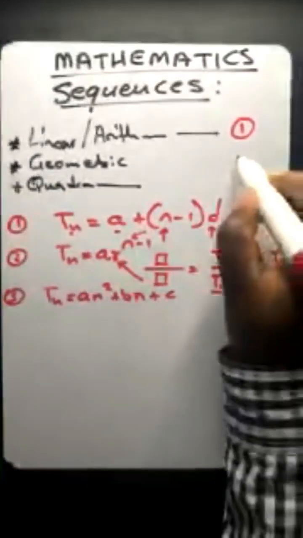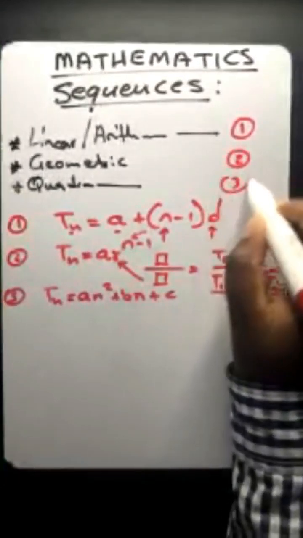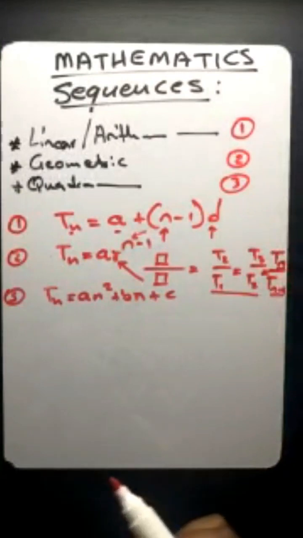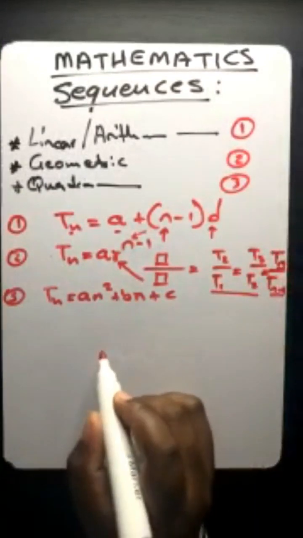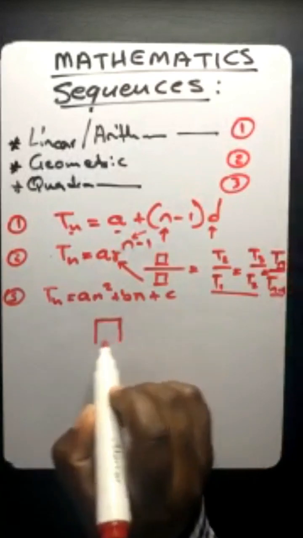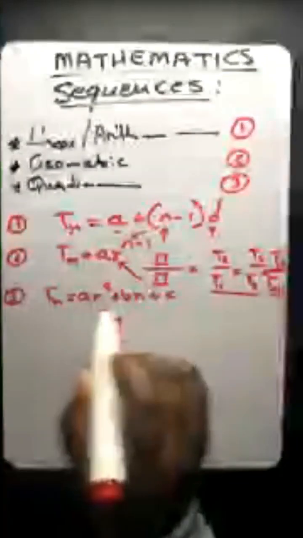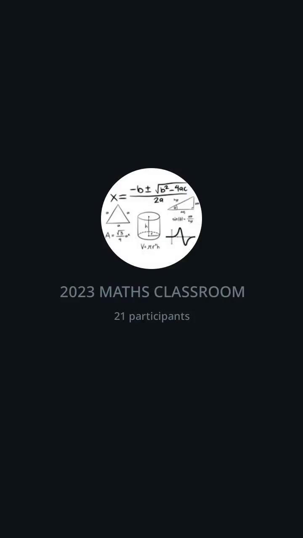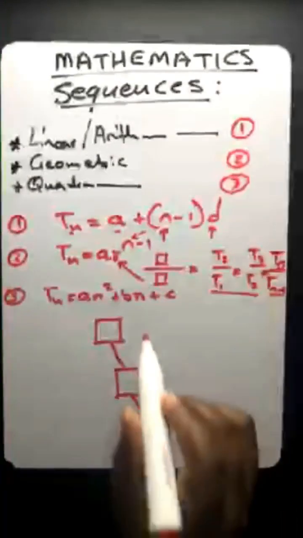So obviously, geometric, I've explained it as number 2, this as number 3. So you guys still remember that under a quadratic, we have that first term. We also have a first difference, and we also have the second difference.